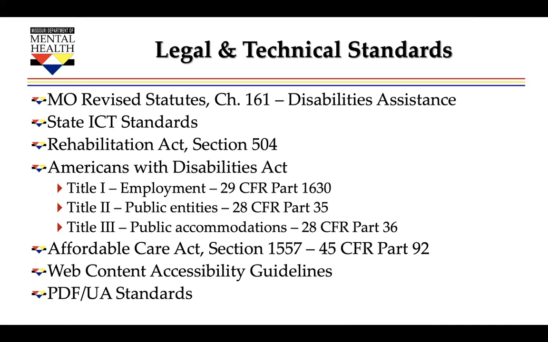We're also going to talk about some federal requirements in Section 504 of the Rehabilitation Act, the Americans with Disabilities Act, Titles 1, 2, and 3, Section 1557 of the Affordable Care Act, as well as the Web Content Accessibility Guidelines that are often referred to as WCAG or WCAG. And then something that you might not be familiar with, even if you've heard of the WCAG standards, and that's the PDF/UA standards.